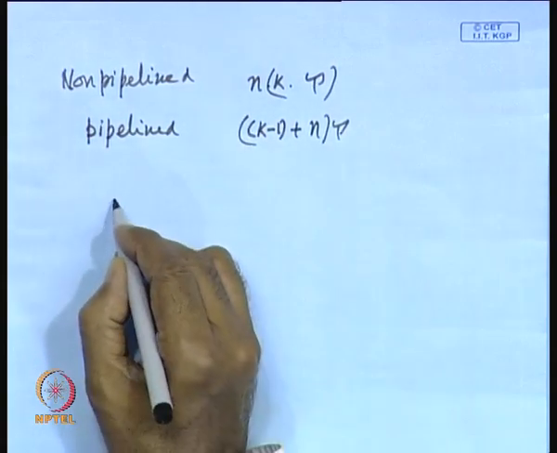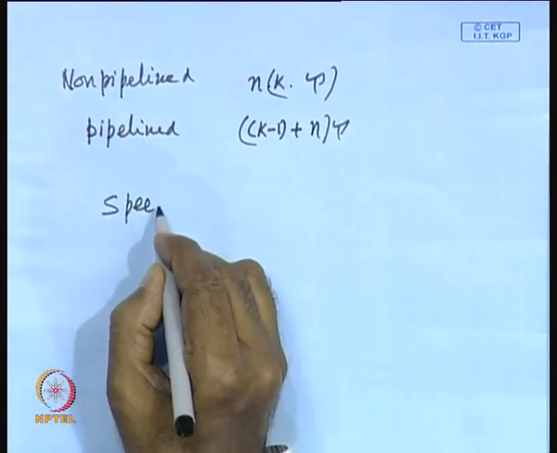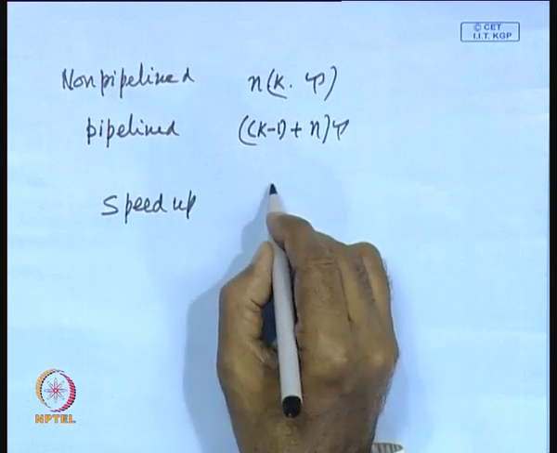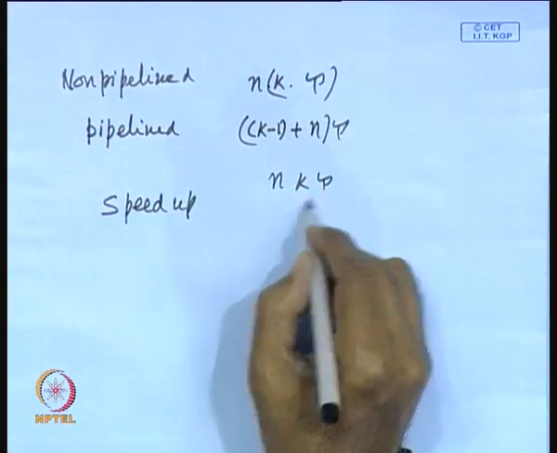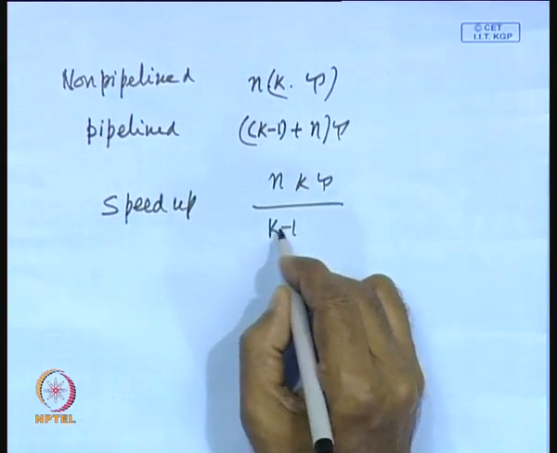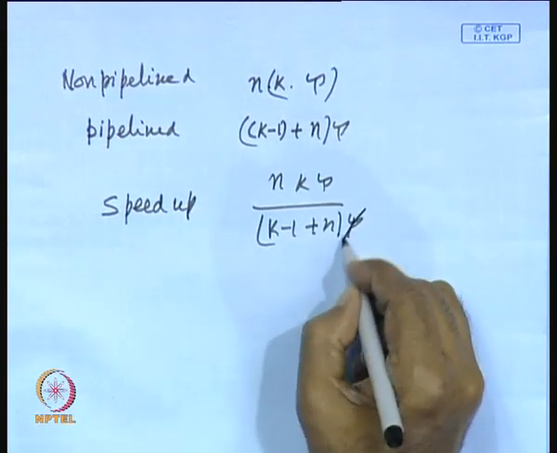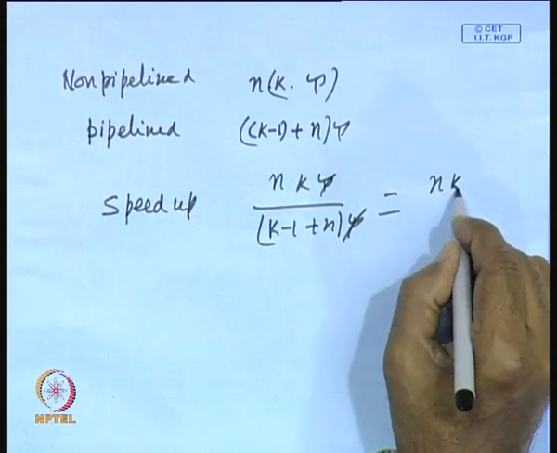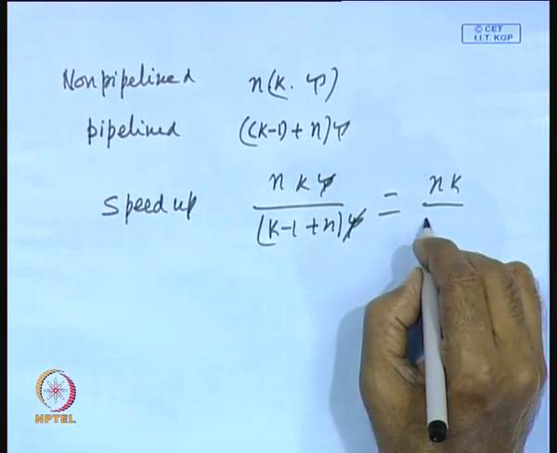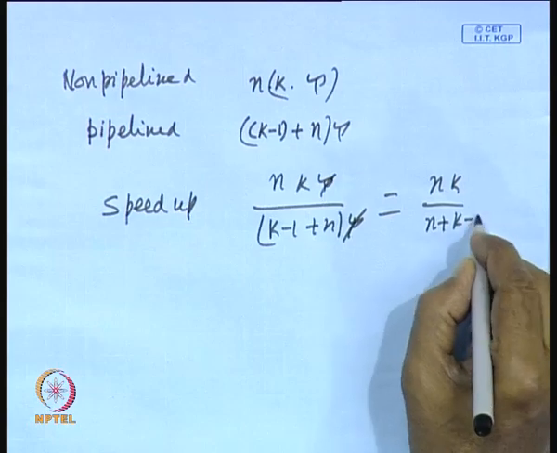So, the speed up that you achieve by using pipeline is n k tau by k minus 1 plus n into tau. Tau will cancel out, so this is equal to n k by n plus k minus 1.